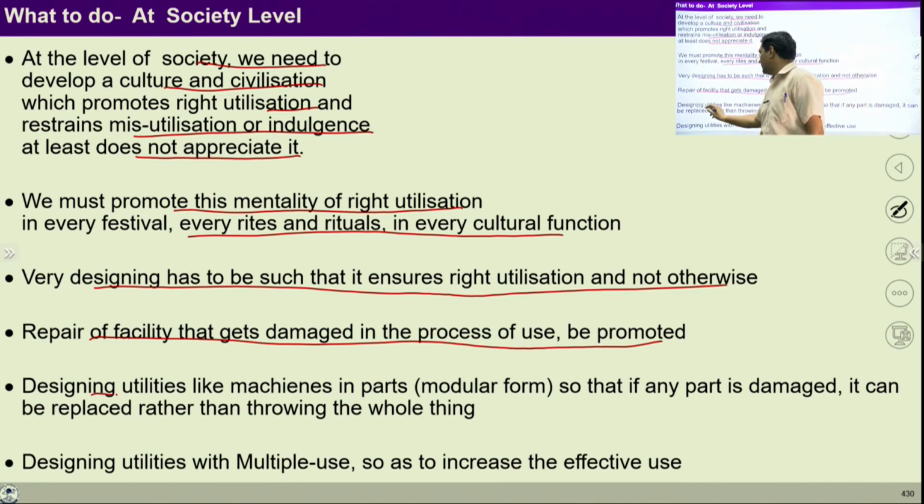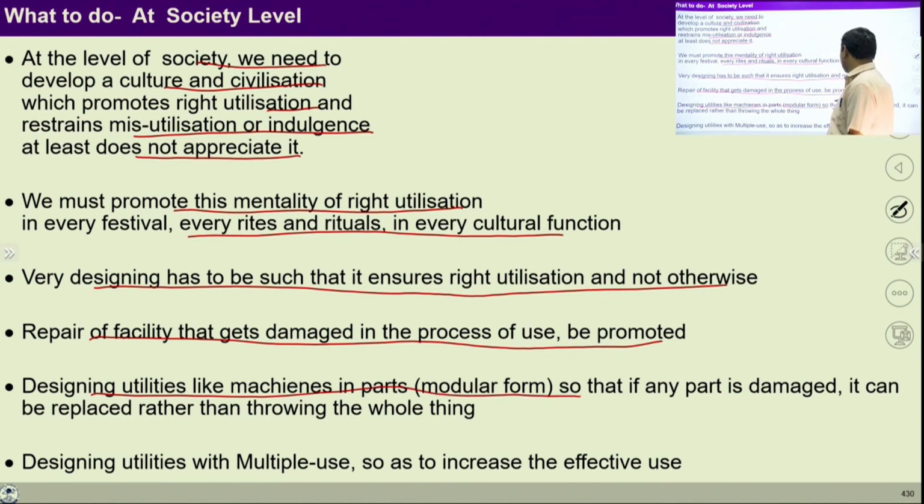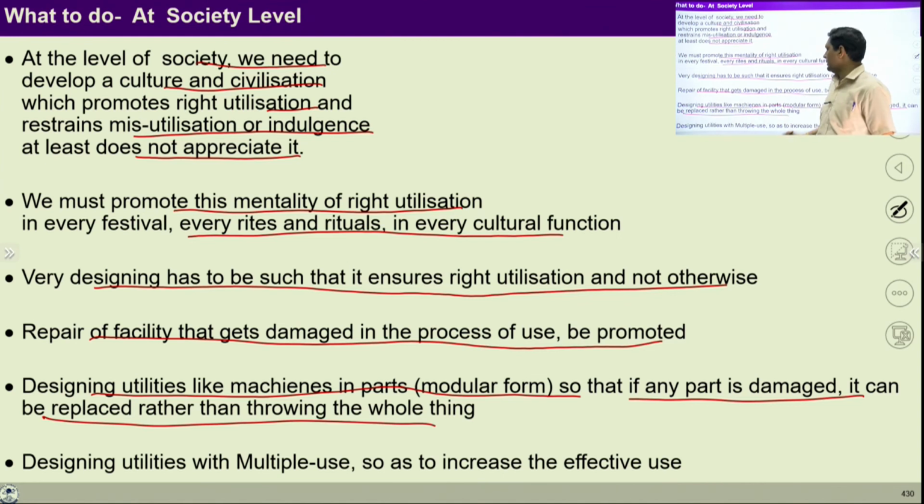Similarly, we can design utilities like machines in parts so that if any part is damaged, it can be replaced rather than throwing away the whole thing. So we can develop technologies where there is a possibility to replace the damaged parts, rather than the culture going on today, use and throw.